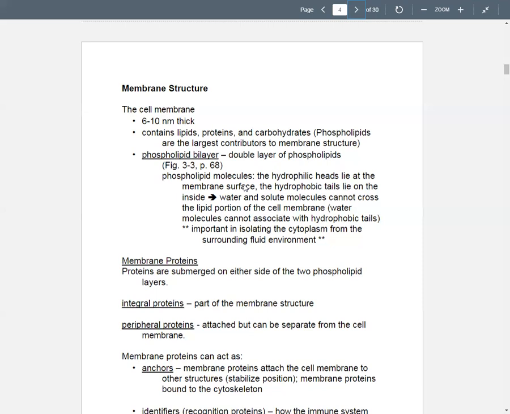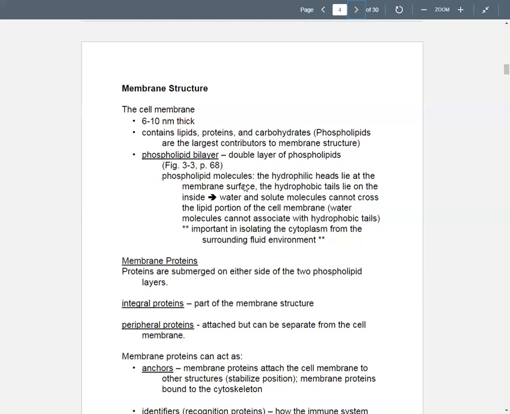The phospholipid molecules, remember in chapter 2 we learned about lipids. You have hydrophilic heads, and what does hydro mean? Anybody remember? Water. What does philic mean? Love or like, right? So it likes water, and those are at the surface of the membrane. The tails are hydrophobic. What does phobic mean?